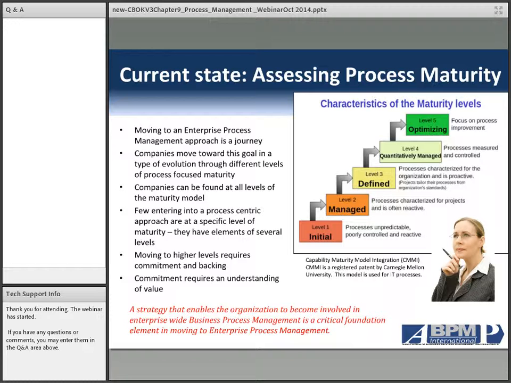There will be some things at different levels that are important to you and some things that are of less importance.